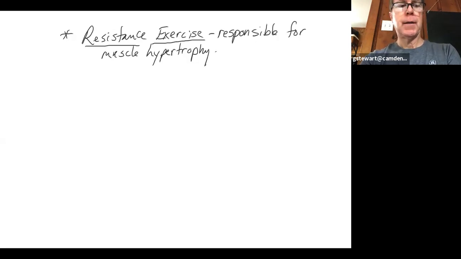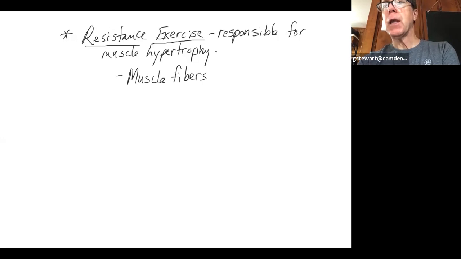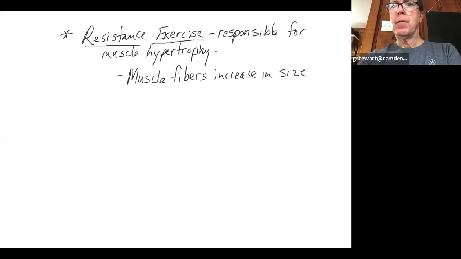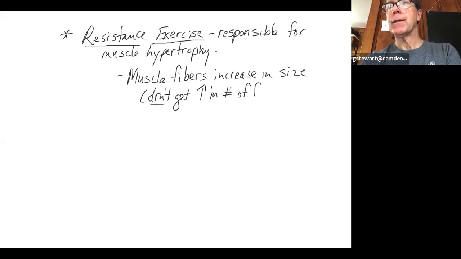Here's what goes on. We all know that the muscle fibers increase in size. And I'm going to reiterate that we don't get an increase in the actual number of fibers in the cell.